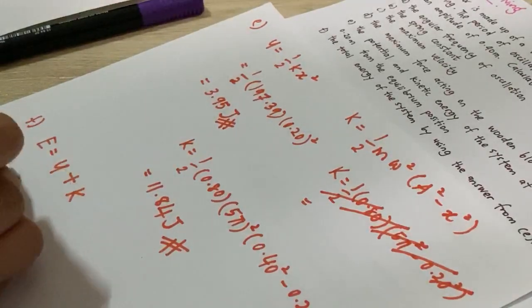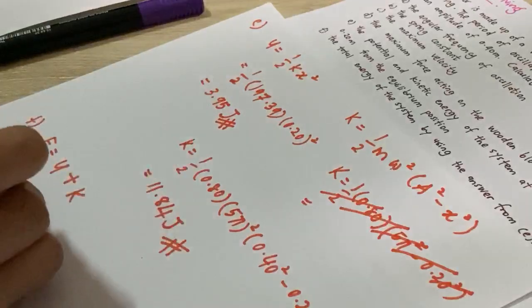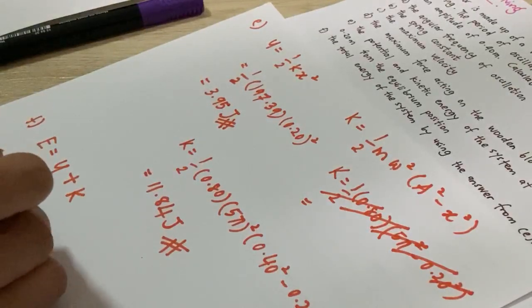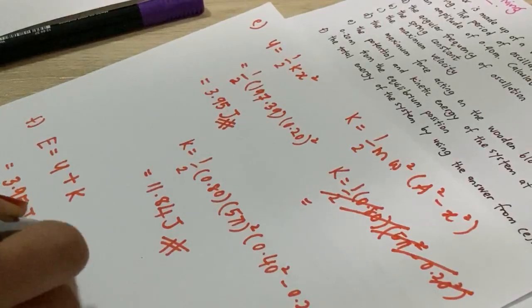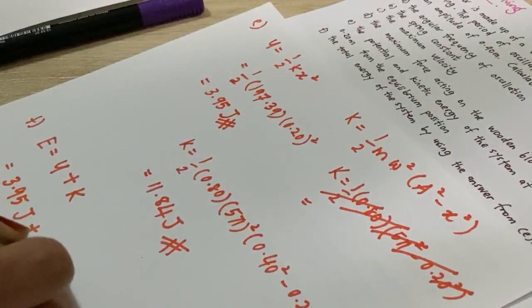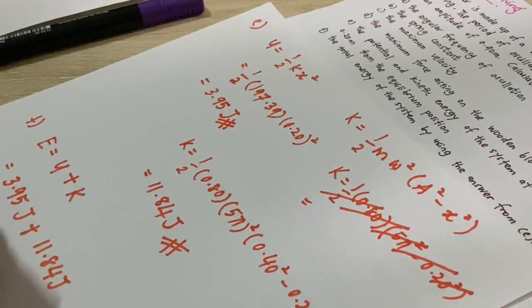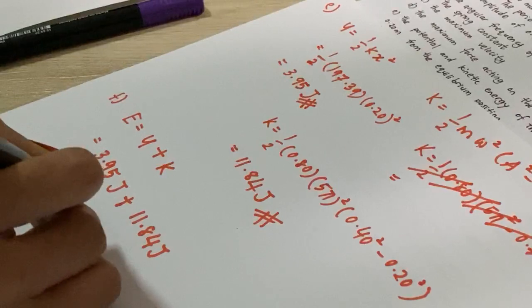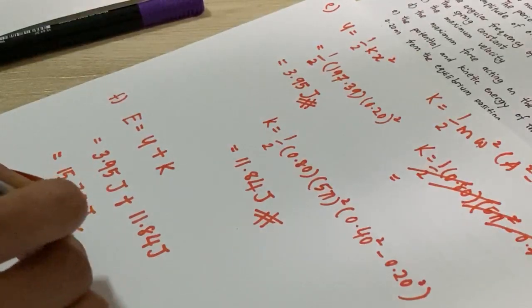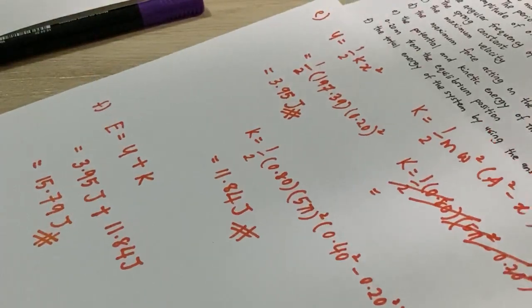So we substitute the potential energy value 3.95 joule plus 11.84 joule. The answer is 15.79 joule, the total energy.